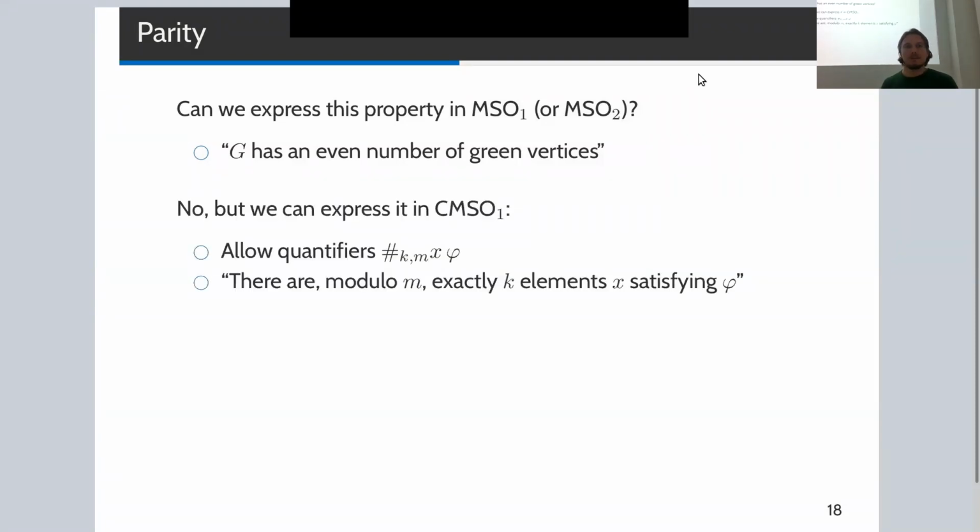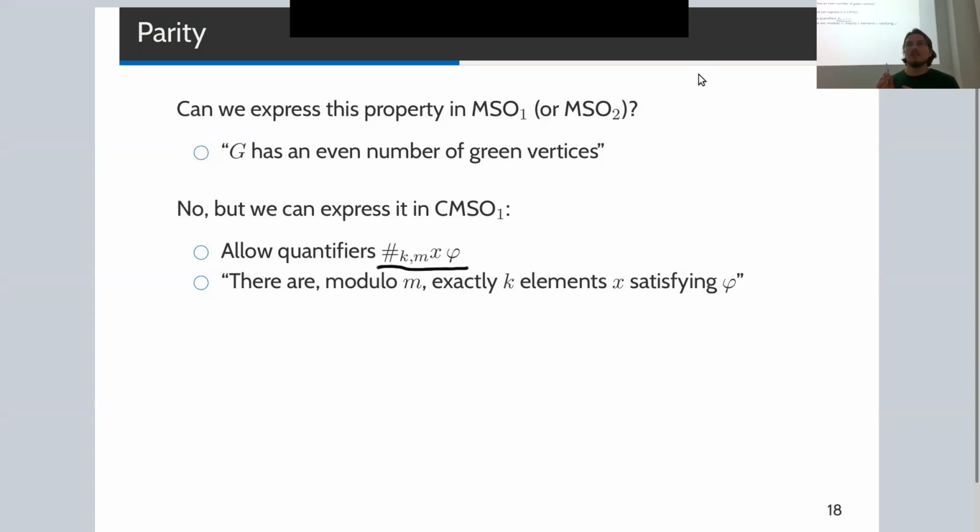But there exists an extension of MSO that you may call CMSO, counting MSO, I think is what it stands for. And there we introduce these counting modulo parity quantifiers. So we have this quantifier count or hashtag M,K, and then we have this count over some variable X. And what this means is that, M is the base with which you're going to count modulo.